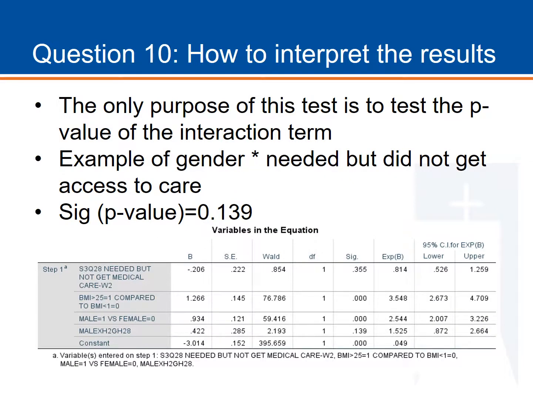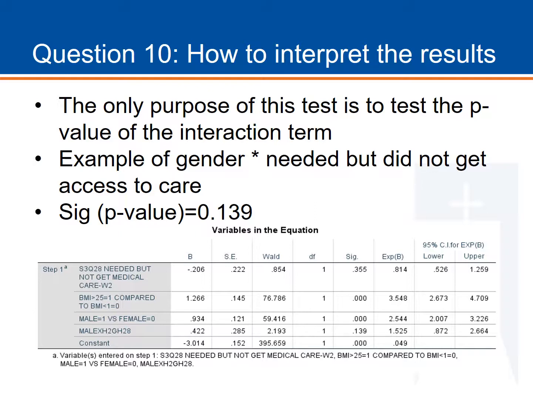This is an example of the output for the full model, which includes the main exposure, confounder, the effect modifier, and the interaction term. It is important to include both the main exposure and the effect modifier in the model. Otherwise, it is not possible to compare the effect of both together, what the interaction term does, to the effect of the exposure and the effect modifier separately.